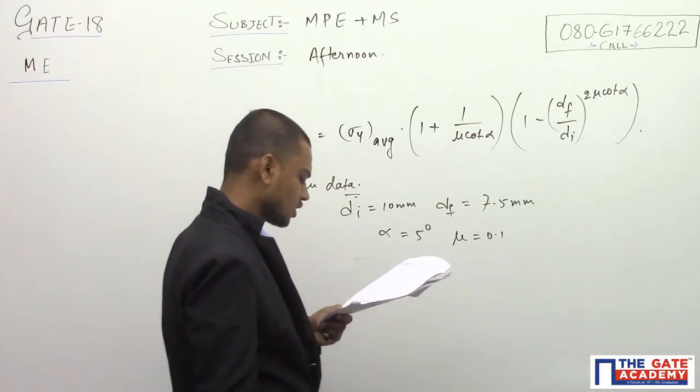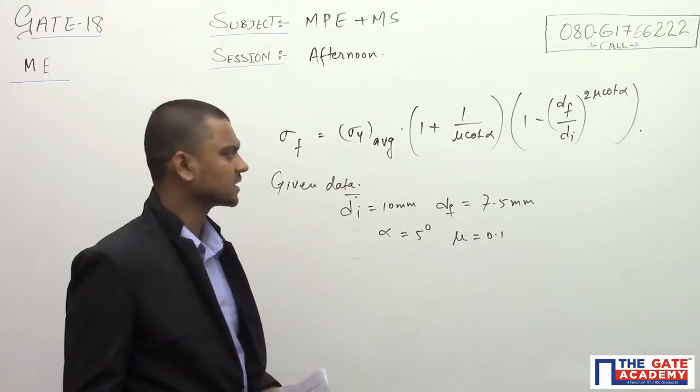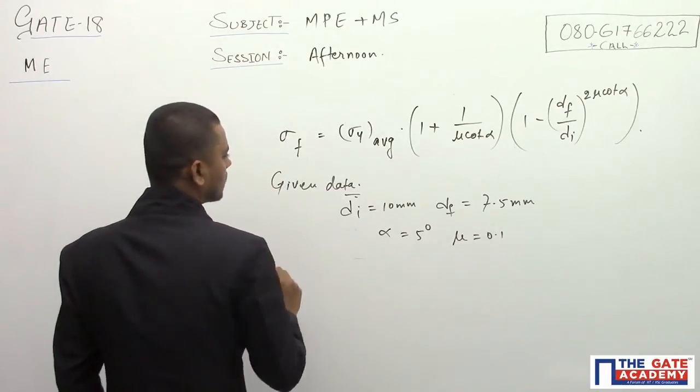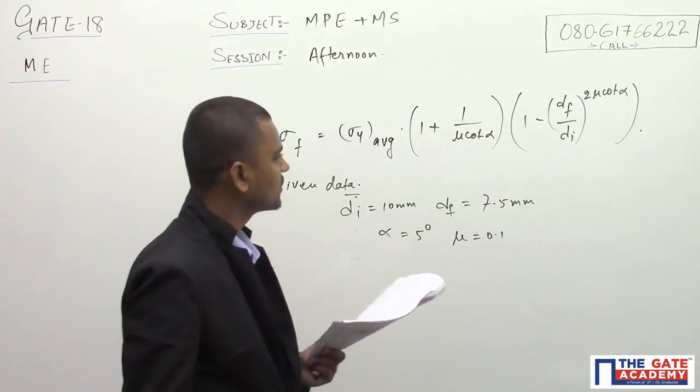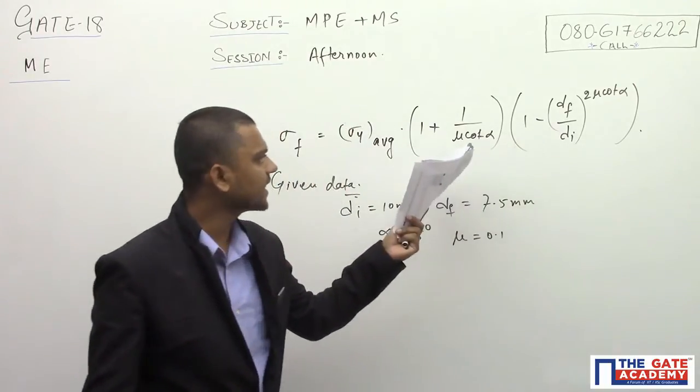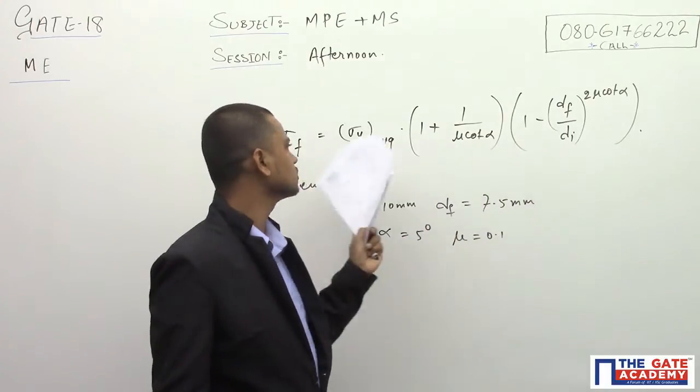We have to find the drawing stress in megapascal. So just put the value of the average yield stress, coefficient of friction, half of the die angle, final diameter and initial diameter into this equation.